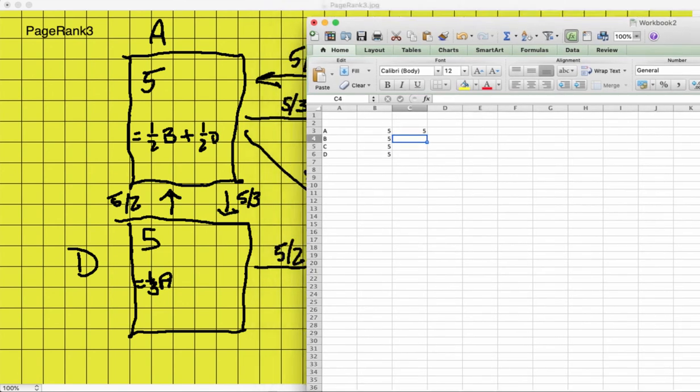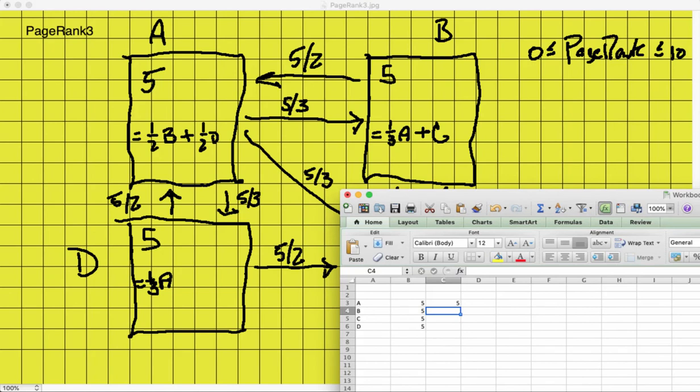We're not done with that yet. Let's come over here. B is equal to 1/3 of A, so that is equal to 0.33333 times, and A is the cell B3, plus, and now I have to add the cell C, which is B5, and that got updated.